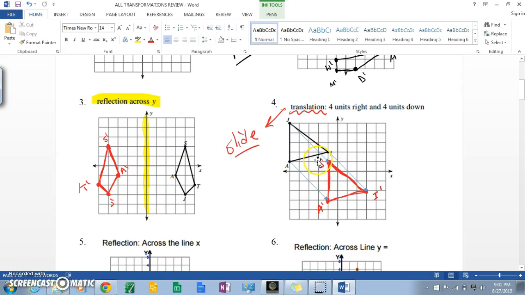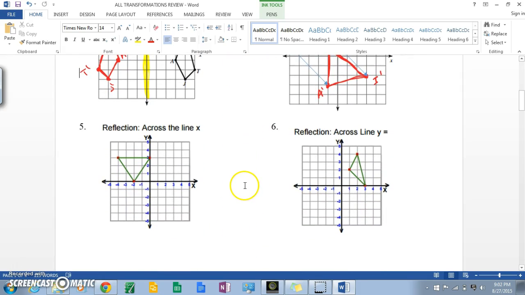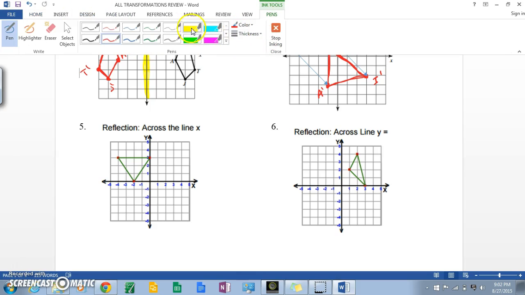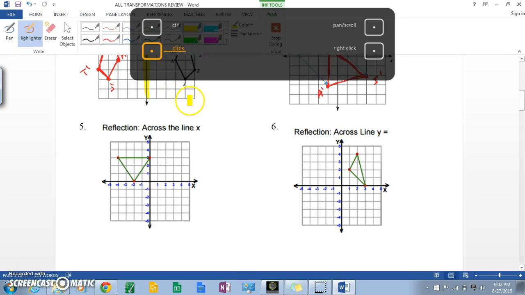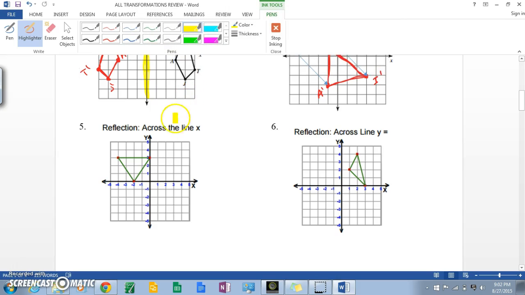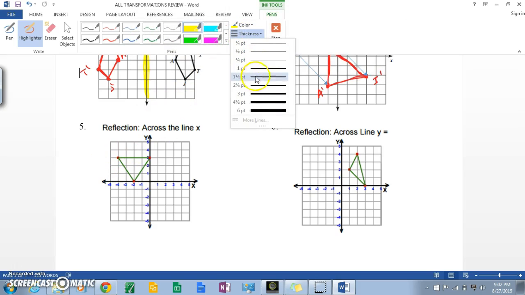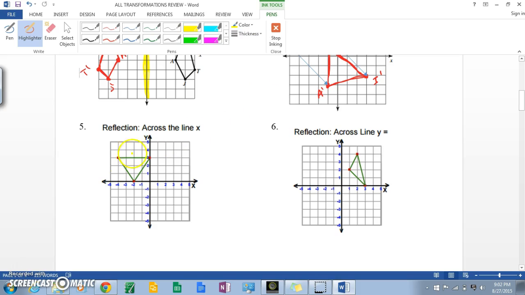Okay. It's also very important that I added this prime notation. If I've asked you to reflect across the x-axis, I'm going to highlight my x-axis.